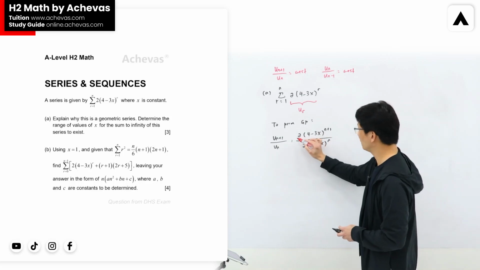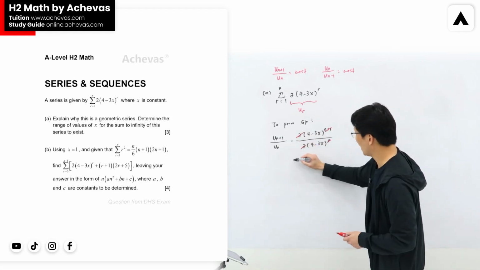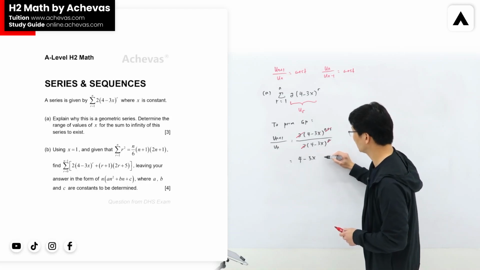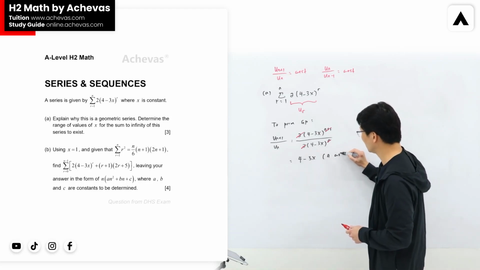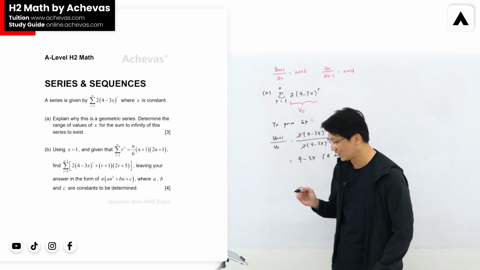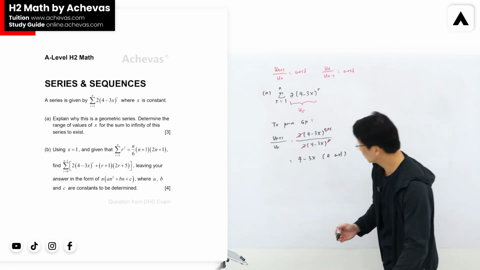If we simplify a bit, you can see that the term that is left over will just be 4 minus 3x. And in this case, it's basically just a constant because the question has mentioned that x is a constant. So overall, 4 minus 3x is also a constant.